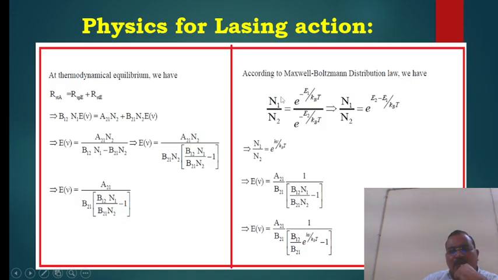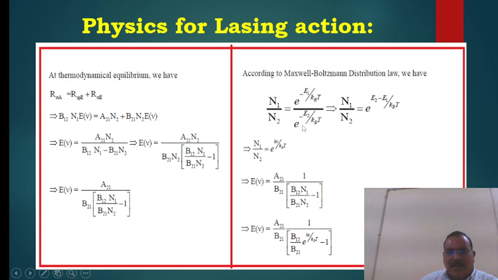The number of atoms is proportional to an exponential term having energy and temperature as a factor. So for N1 I am writing exponential of minus E1 upon kT.